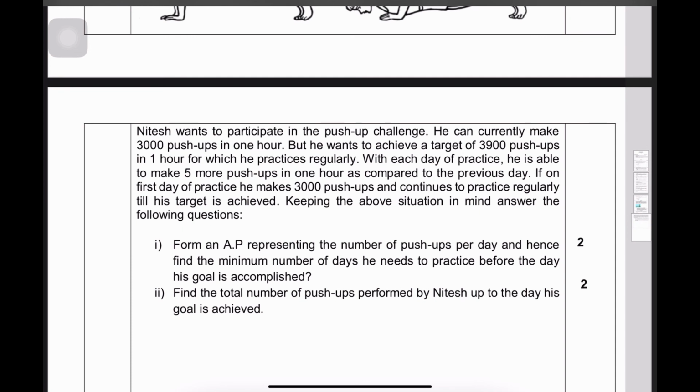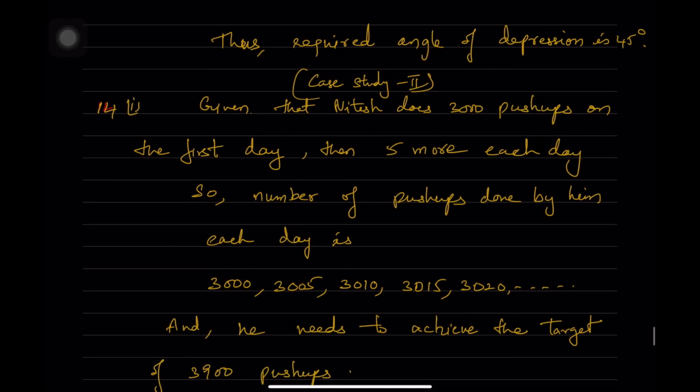Form an AP representing the number of push-ups per day and hence find the minimum number of days he needs to practice before the day his goal is accomplished. And the second one, find the total number of push-ups performed by Nitesh up to the day his goal is achieved.